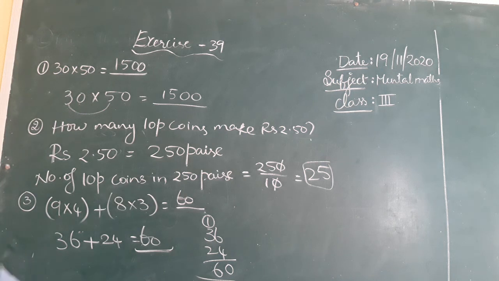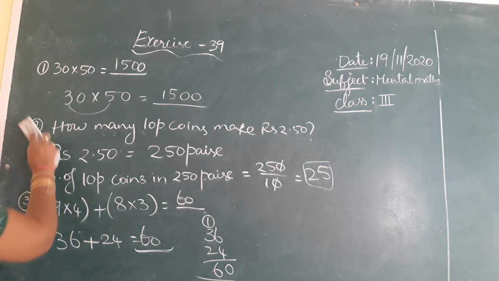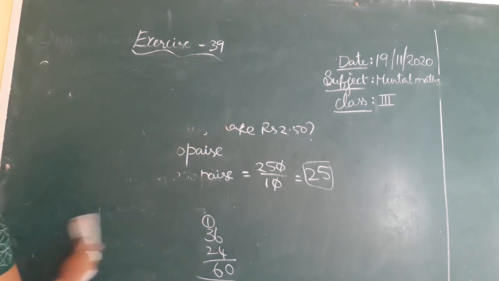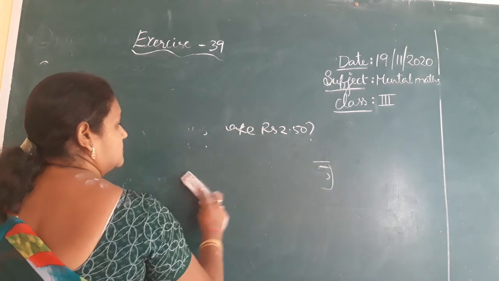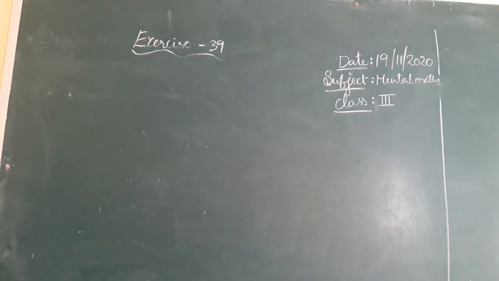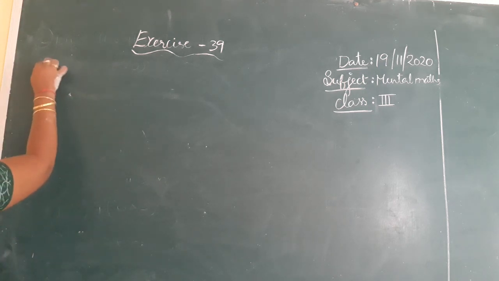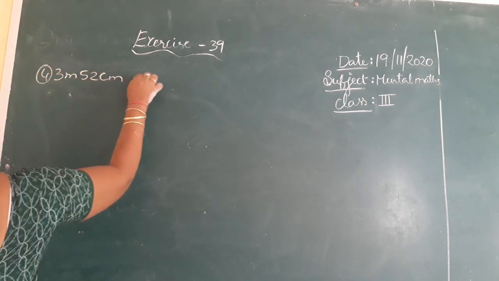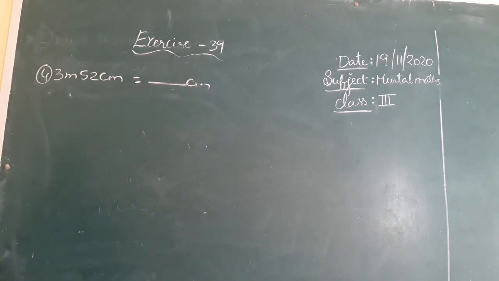See the next sum, children. Fourth one. 3 meter 52 centimeter equal to dash centimeter.